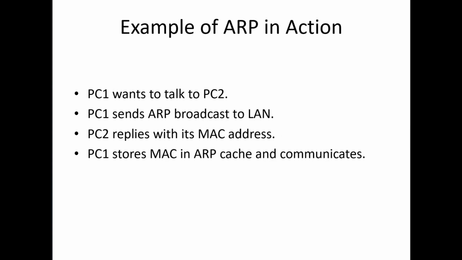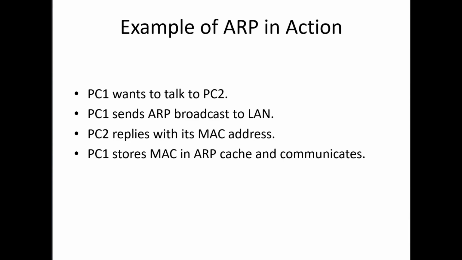Now, let's imagine this with the help of an example. Let's say there's PC1 which wants to talk to PC2. PC1 knows PC2's IP but doesn't know the MAC address. So PC1 would broadcast an ARP request across the LAN, and when PC2 gets the request, it will identify, okay, this is my IP address.